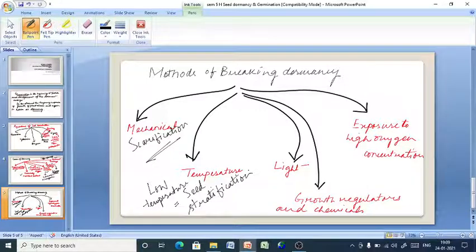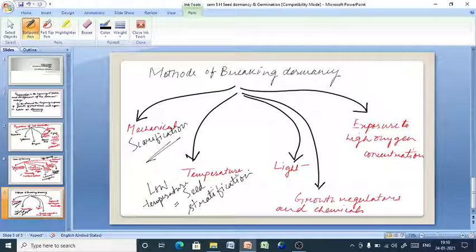Now, light. Light can be considered as another important factor for stimulating germination. Its effect is quantitative. Lettuce has shown that red light is the most effective one, which can break dormancy, and the blue and the far-red light have some inhibitory effect on germination.